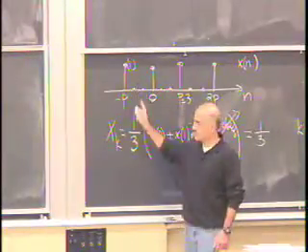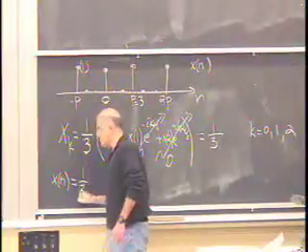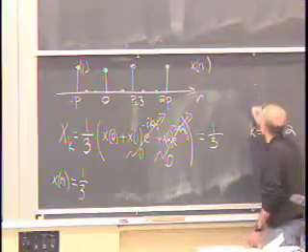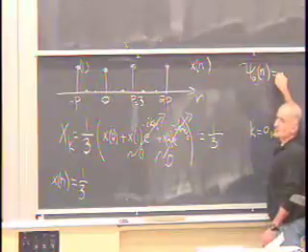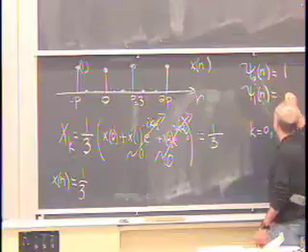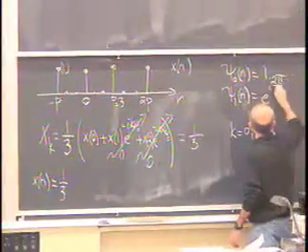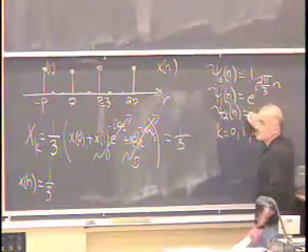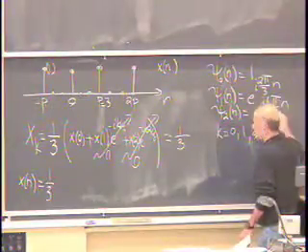This signal can be represented as 1/3 of what? What's C0? 1. C1, e to the i 2 pi over 3 n, and C2, e to the i 4 pi over 3 n.